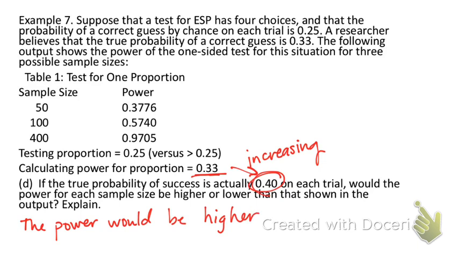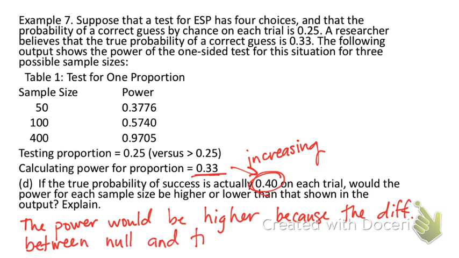So the power would be higher because the difference between the null and true proportion increases.